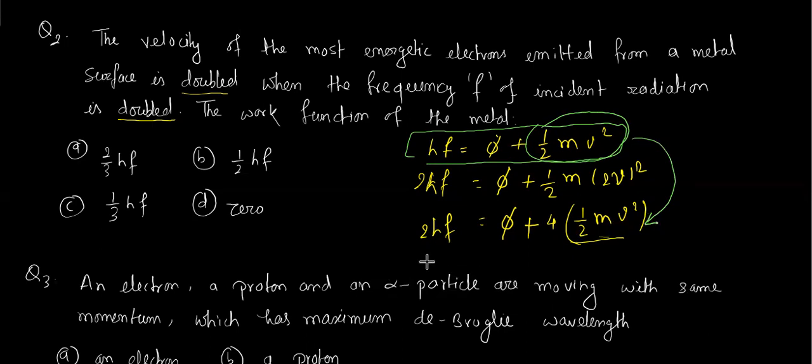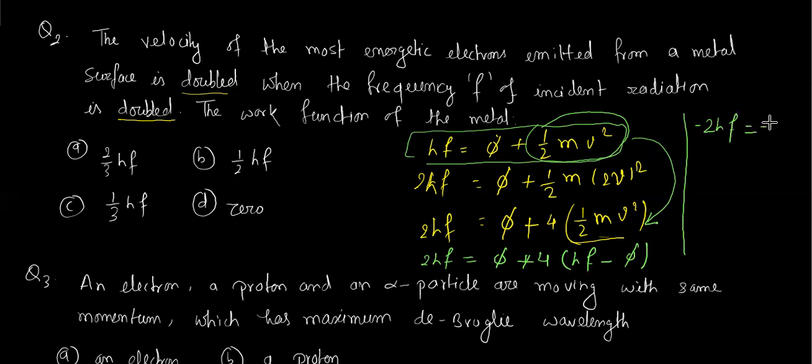So here we will get 2hf equals phi plus 4 times (hf minus phi). If you solve all of this, you'll get minus 2 times hf equals minus 3 times phi.